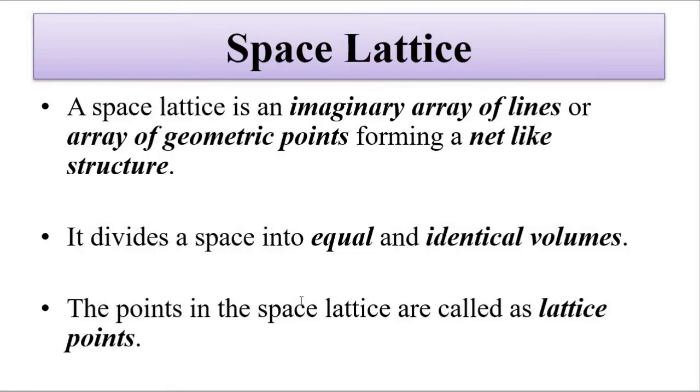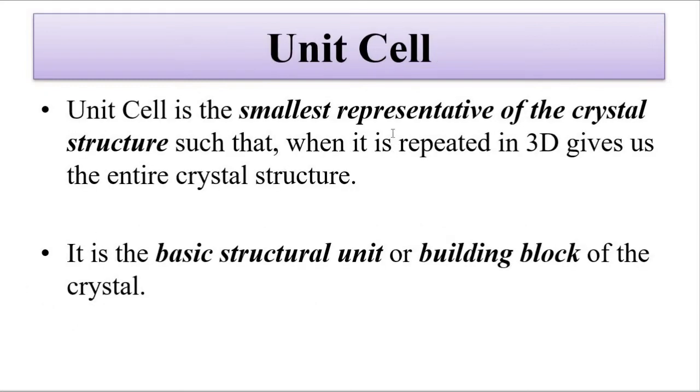A space lattice is basically an imaginary combination of lines or geometric points which forms a net-like structure. It basically divides a space into equal identical volumes, and unit cell is the smallest representative of the crystal structure. We have already covered this in physics of semiconductor devices. You can watch that video also.